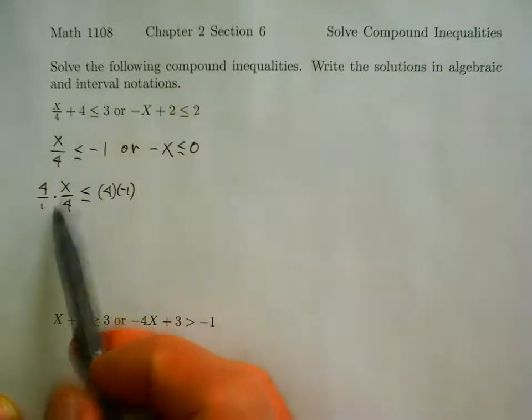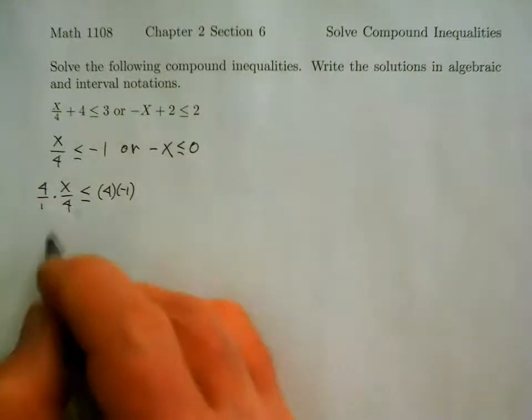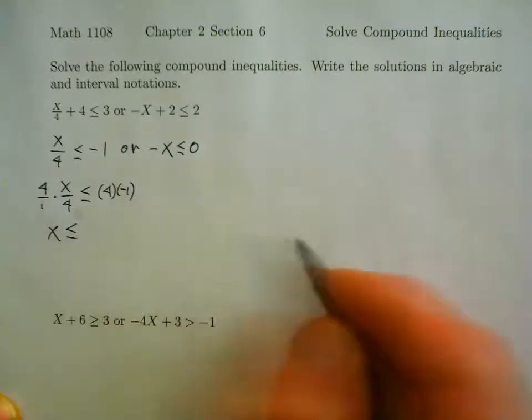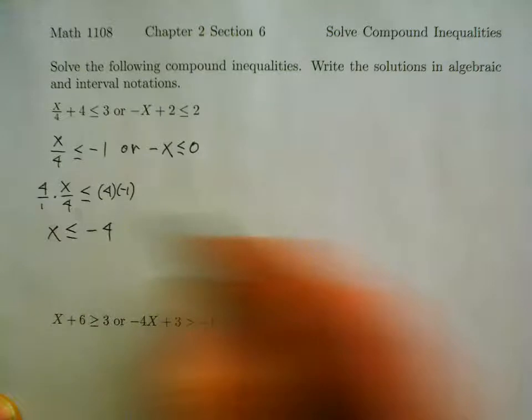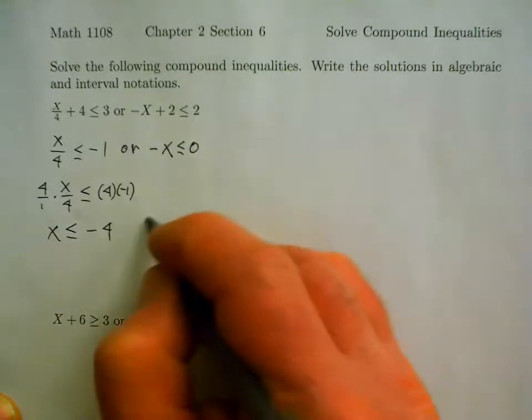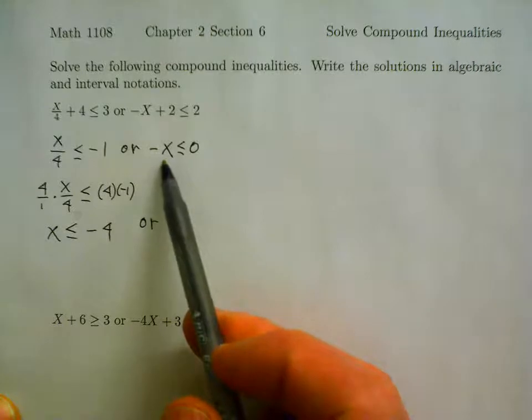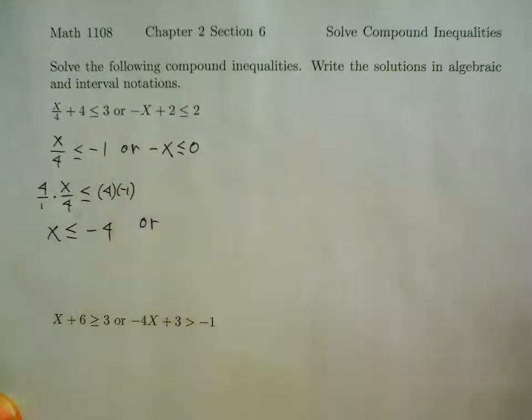Four over 1 times x over 4 is just x, and the right-hand side is negative 4. And the inequality on the right, negative x is less than or equal to 0. When we solve that for x, what do we get?